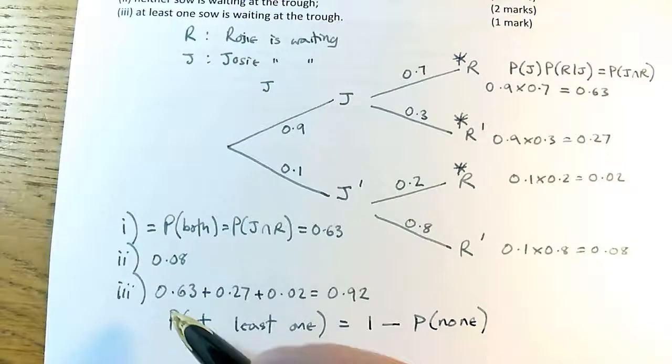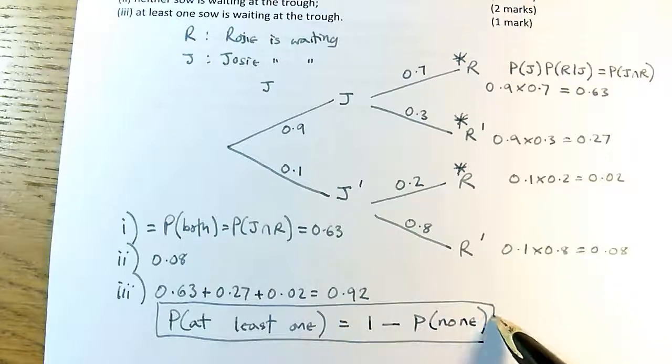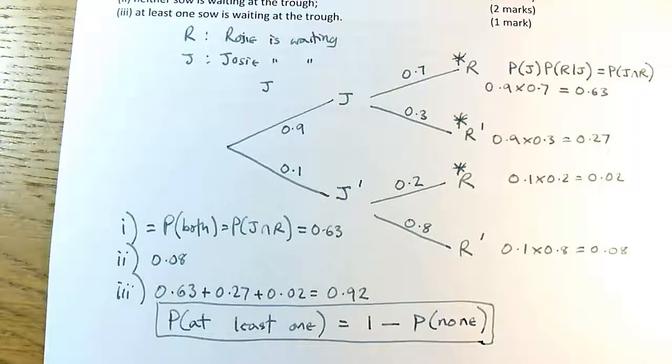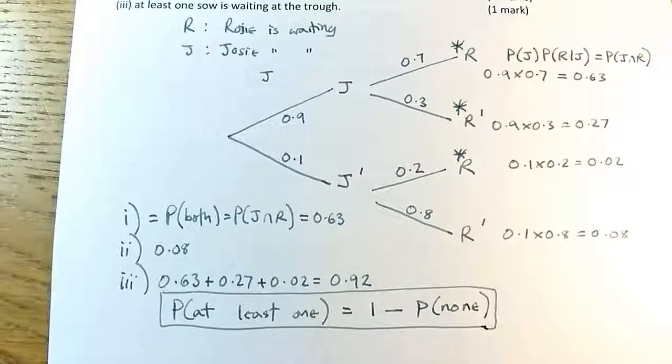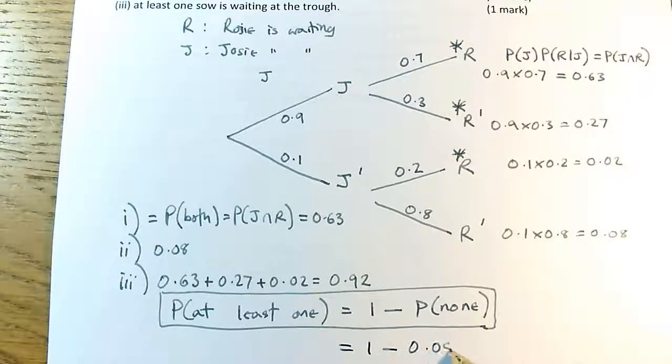This rule, that the probability of at least one of something is always 1 take away the probability of none of those things, can often save you some time. So in this particular case, you'd do 1 minus the probability that neither of them is waiting, which is 1 minus 0.08, a quicker way to get your 0.92.